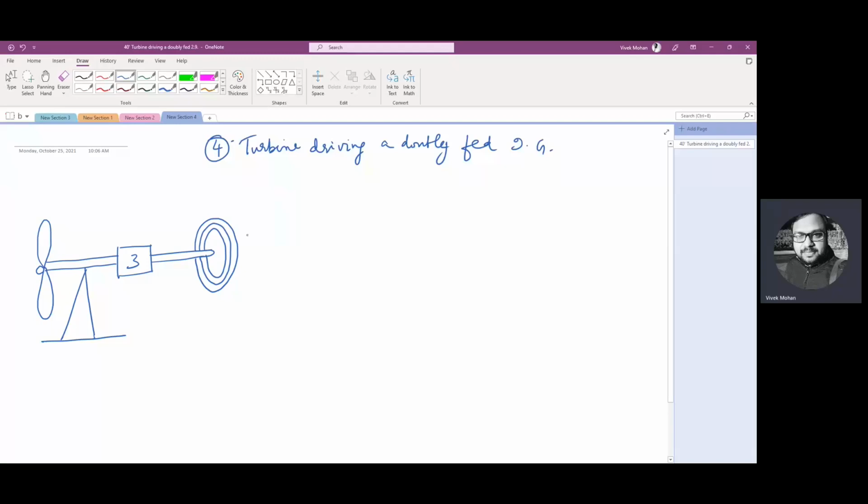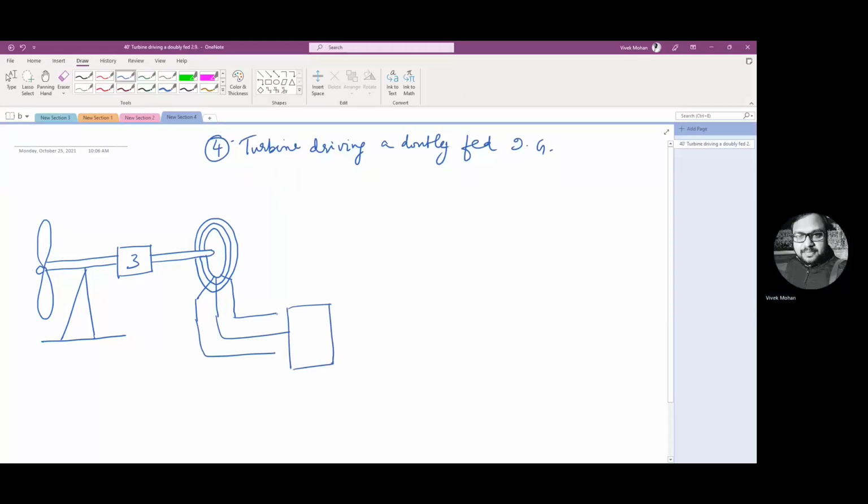Now here there is a difference. I have one connection from the rotor, which I am taking like this. This is going to a converter, which is converter 1.